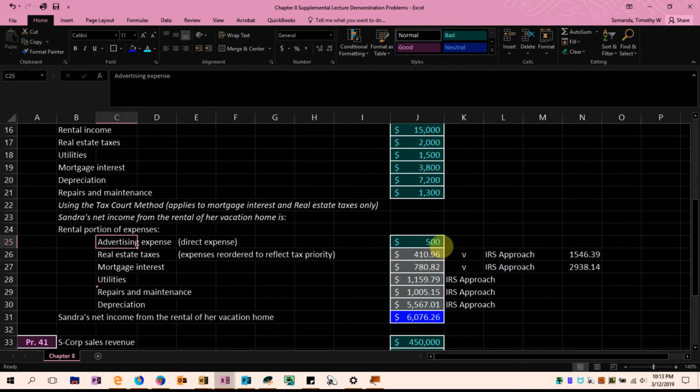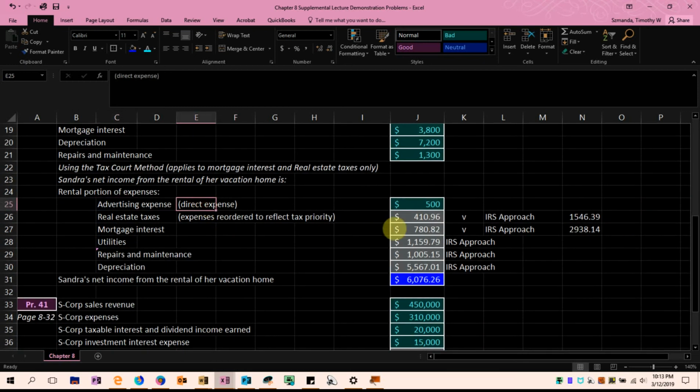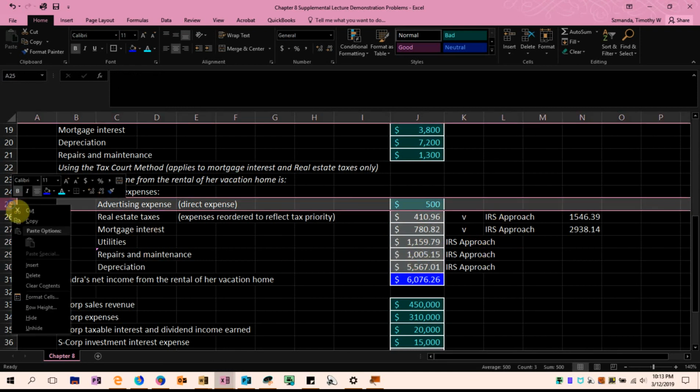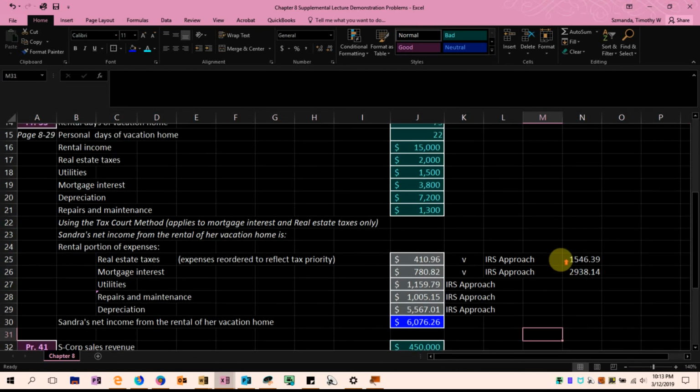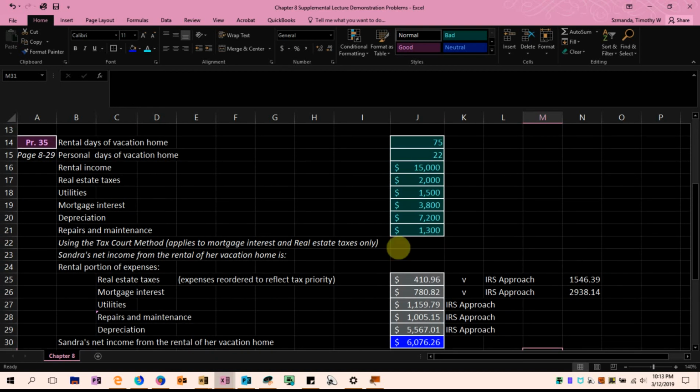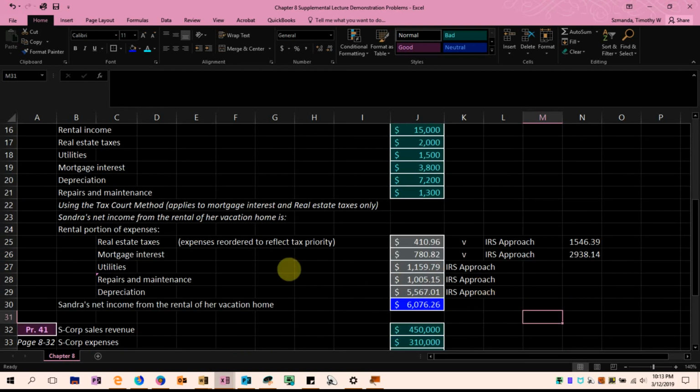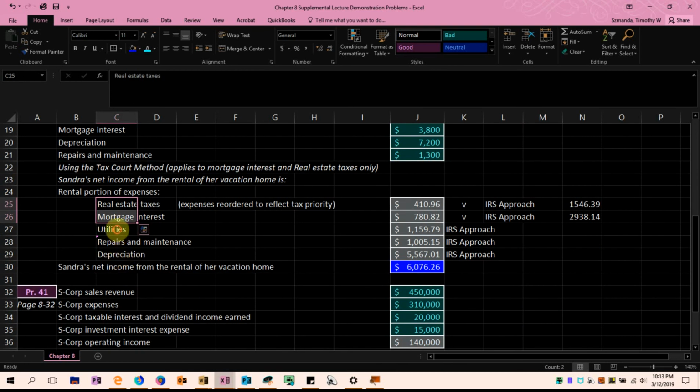But I just wanted to mention it because if it's a direct expense, there's no allocation needed, whether IRS approach or the tax court approach. Okay, so this is the solution then to problem number 35, using the tax court approach for real estate and mortgage interest, and then using the IRS approach for the rest.